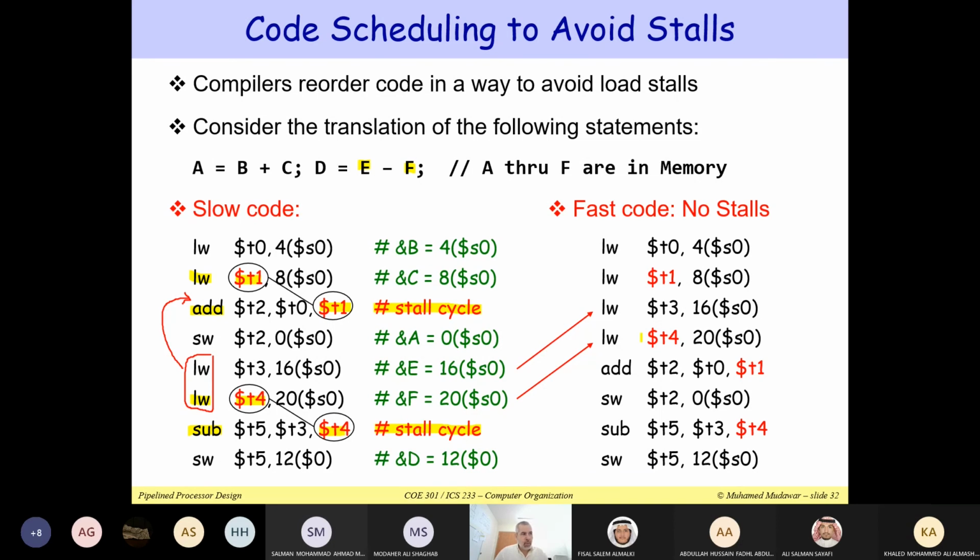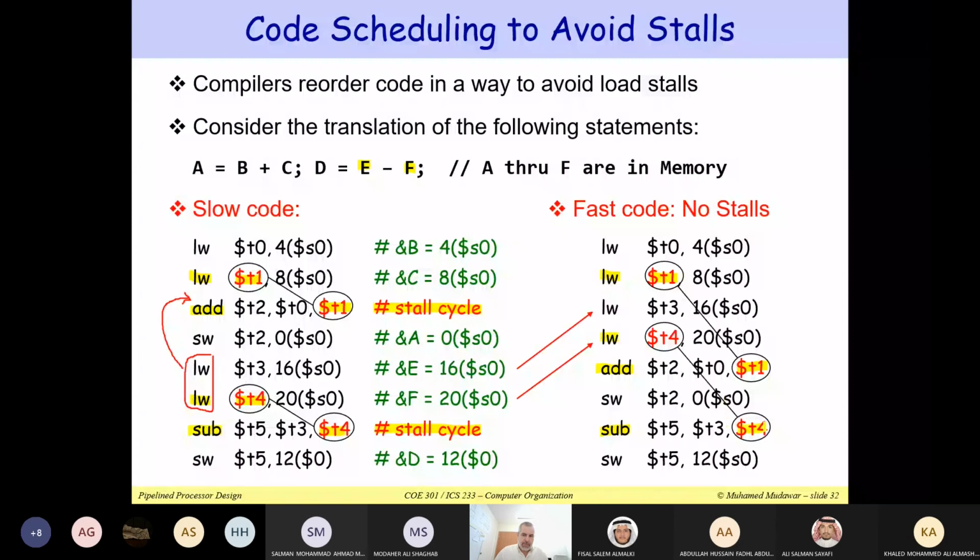It does this without violating data dependencies. In this example, it's okay to move the load instructions up before the add instruction, and by doing so, we still have this add depending on this load. Notice that we did not eliminate that. We still have this read after write, and this subtract also depends on this load.